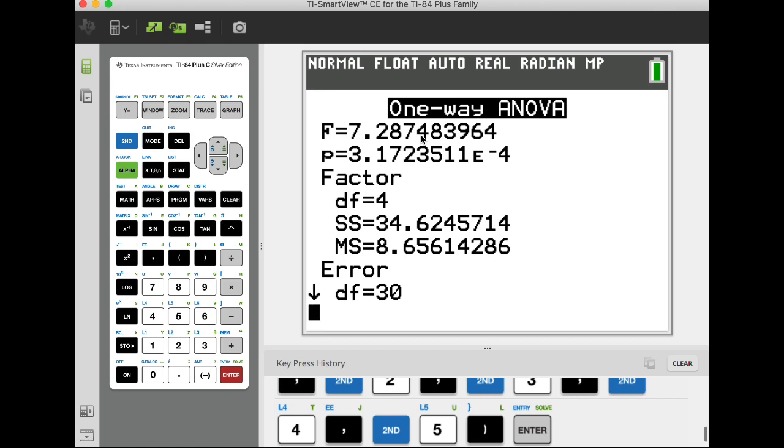F is 7.287. Then you can see that we have this lowercase p that's written there. What do you think that stands for? That's our p-value.